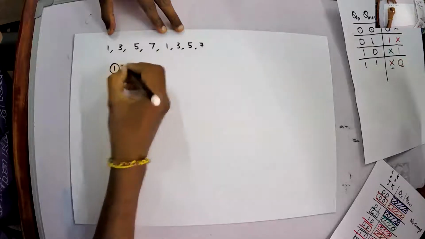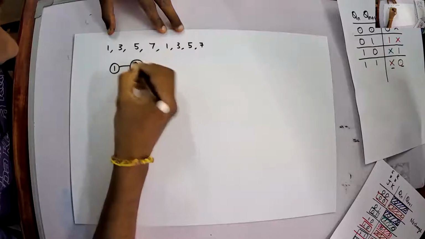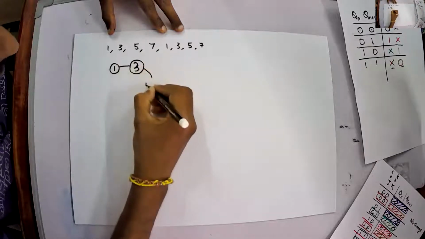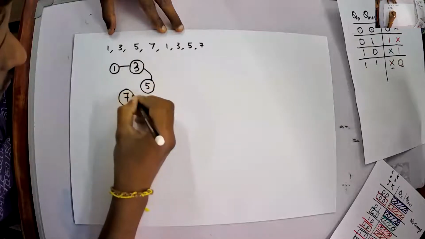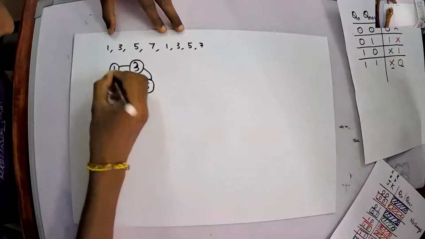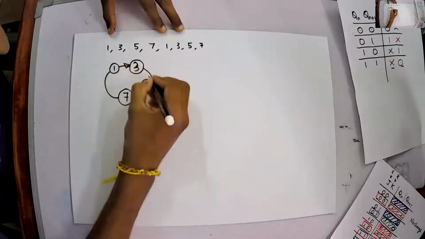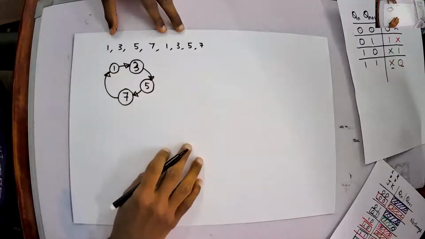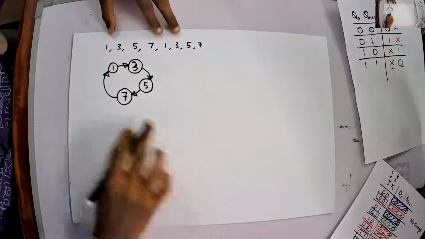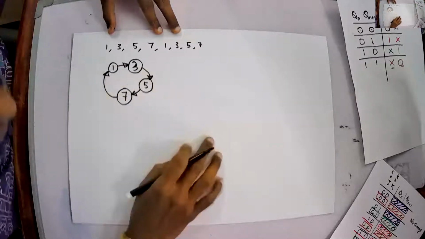So 1 is my first state, 3 is my second state, 5 is my third state, and 7 is my fourth state. And then from 7 I have to get 1. So this is 1, 2, 3, 4. So I need to design an asynchronous circuit which can count from 1, 3, 5, and 7.